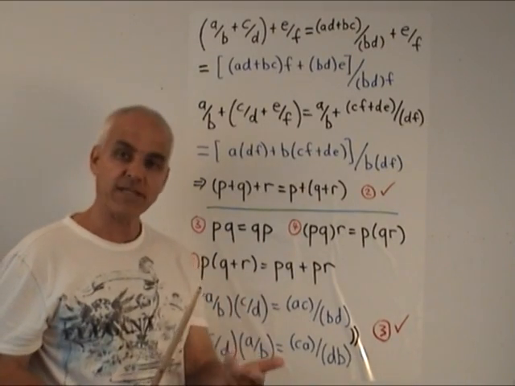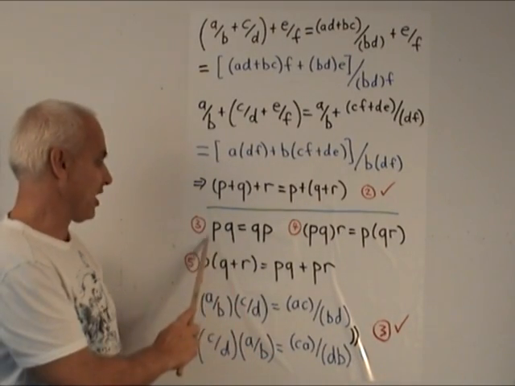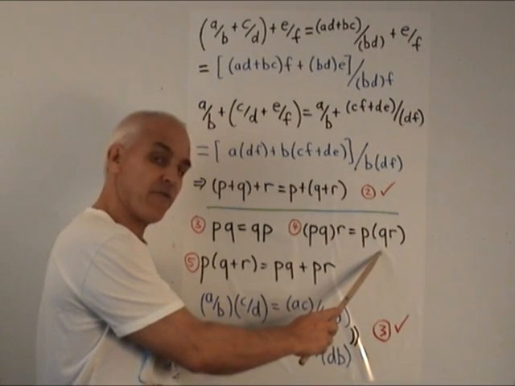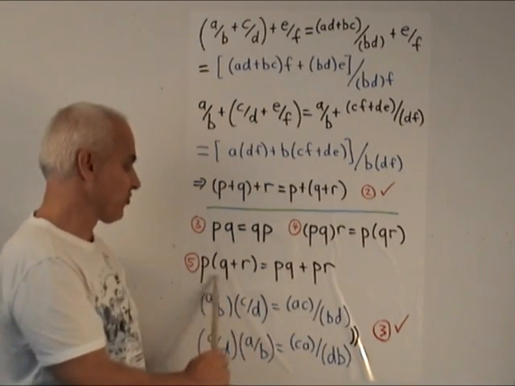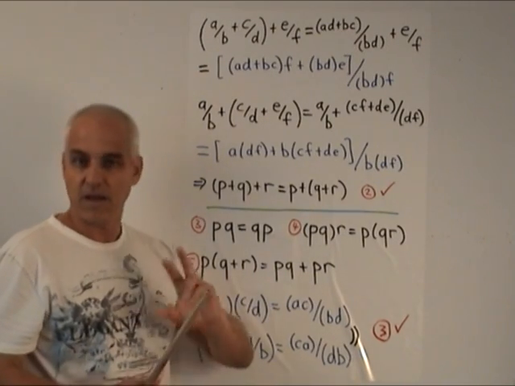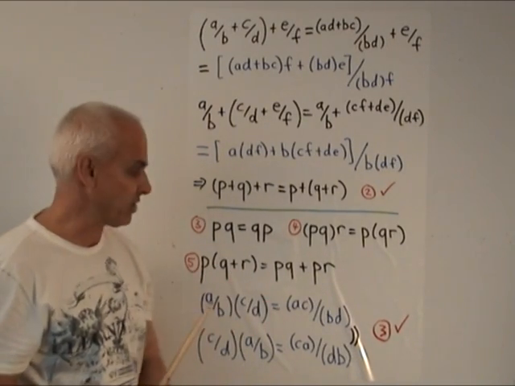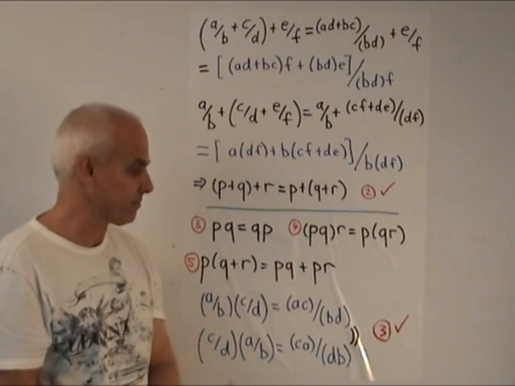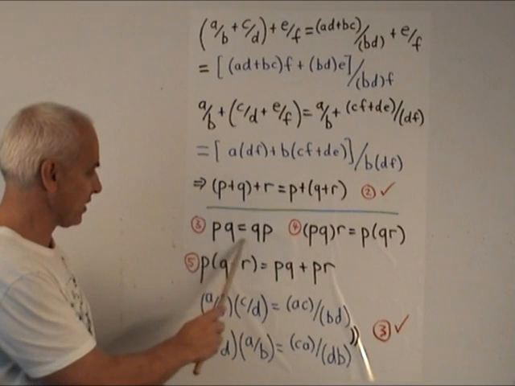Now there are a few more laws having to do with multiplication. There's the commutative law for multiplication, the associative law for multiplication, and the distributive law for combination of addition and multiplication. There's actually two distributive laws, but by commutativity we'll just deal with one of them. Alright, so let's have a look at this first one.